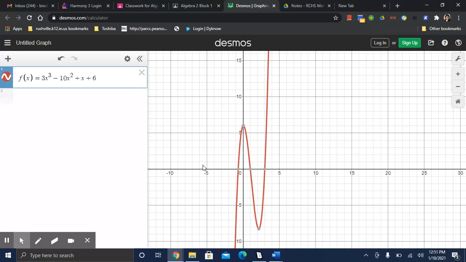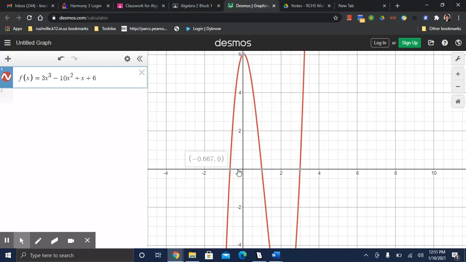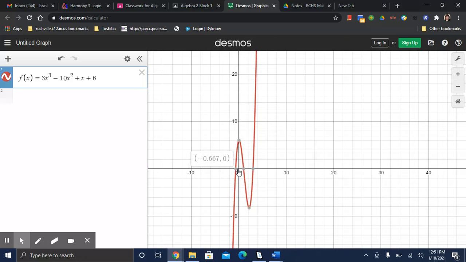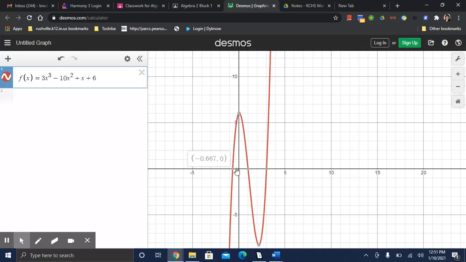Actually, I'm going to have to zoom in just a little bit more. Need the x-intercepts. I need the highest point and the lowest point and the y-intercept. So I'm going to start with this. I have a y-intercept. I also have this other hidden point, and then this one.